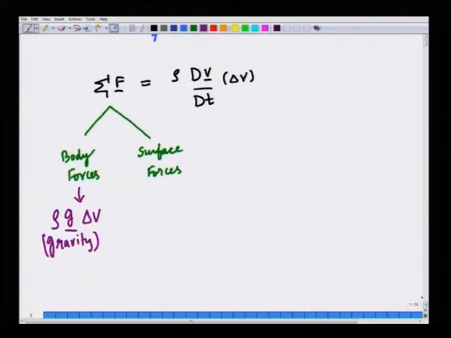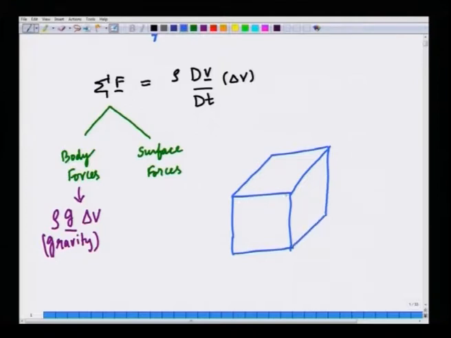Okay. Now, surface forces are a little more tricky. Now, the surface forces are due to the fact that suppose you have a surface, okay, of that cube which we just drew, and let us draw the full cube. Okay. There are 6 faces to the cube, okay, x, y and z. Okay. So, each face is denoted by a unit outward normal.